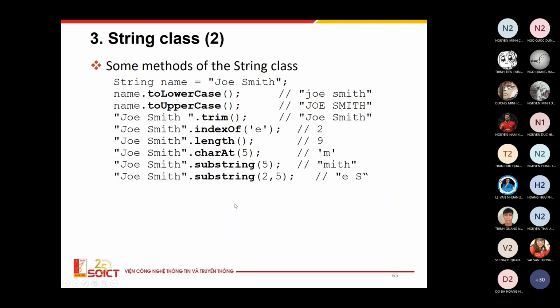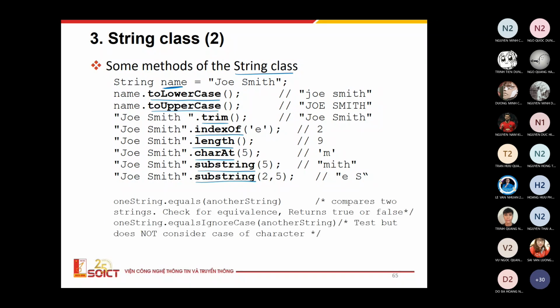And later you will have the result for this. Okay. And there are some methods for the String class. In the String class, you will have some methods, and these methods are applied to string objects: to lowercase, to uppercase, index of, length, character at a position, or substring from a long string into a shorter string. Okay.